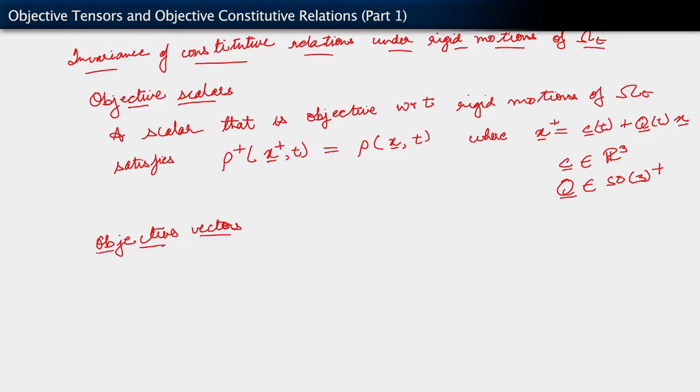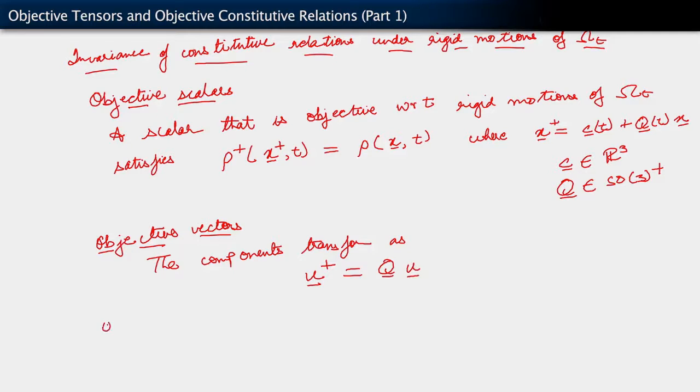now I'm going to dispense with the statement. I'm just going to give you the transformation. And remember we're talking about the scalar components. A vector is invariant. The vector remains the same, it's just a matter of its components. So objective vectors, the components transform as u plus equals q u.